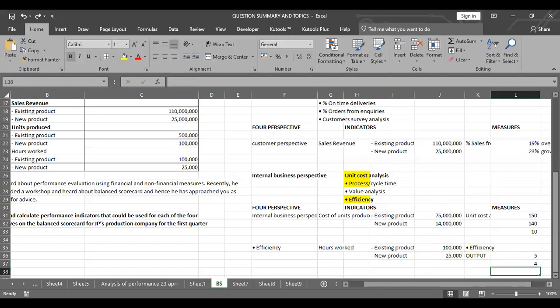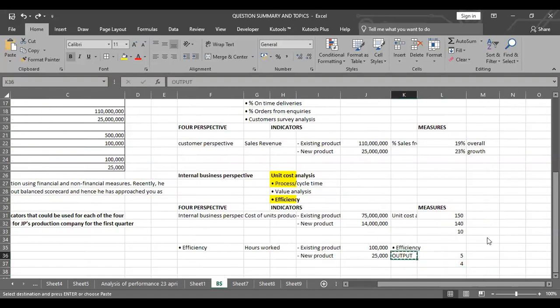Let me put the header here. This could be on output analysis basis. I could check that and get my efficiency, which will be the 500 I'm producing divided by the number of hours under existing. I want to maintain the same line.